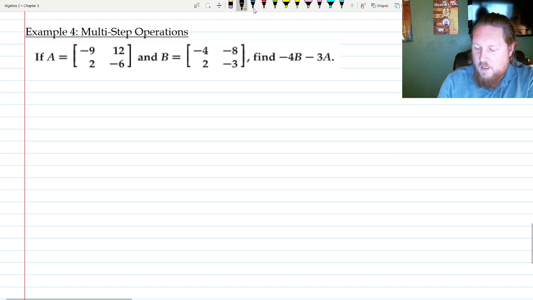So we have 2 matrices, A and B, and we're going to find the expression negative 4 times matrix B minus 3 times the matrix A. Well, let's write that down. Negative 4 is my scalar.